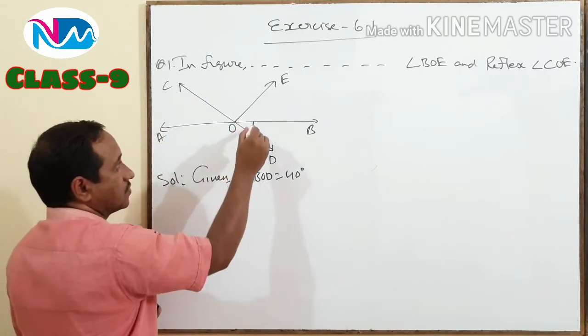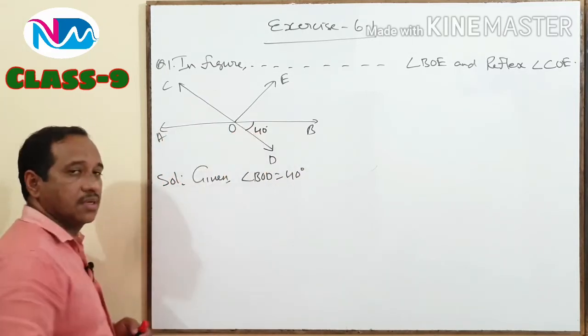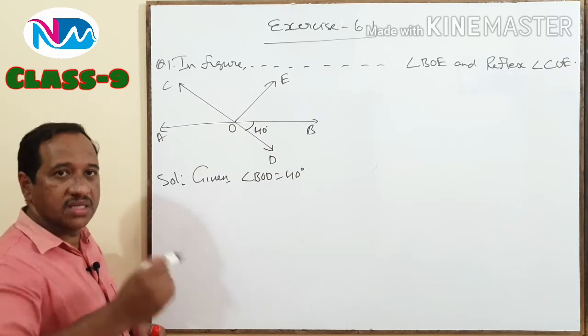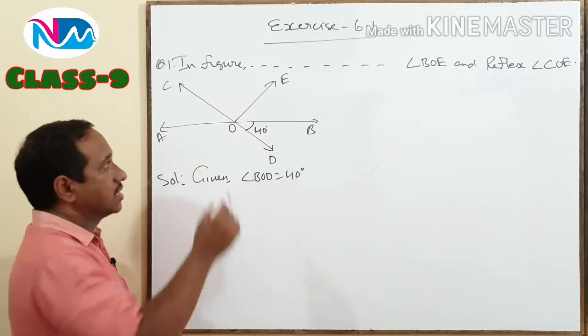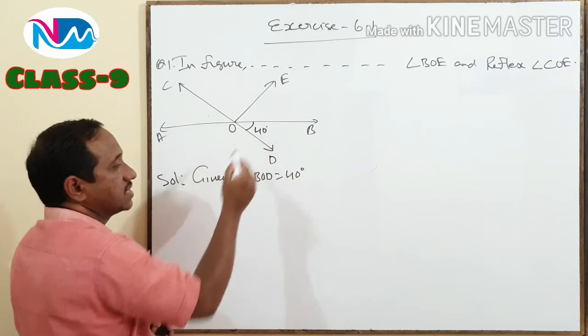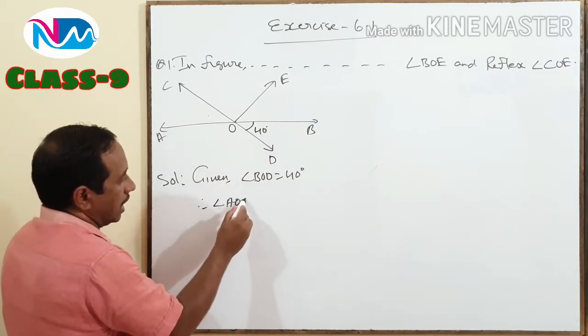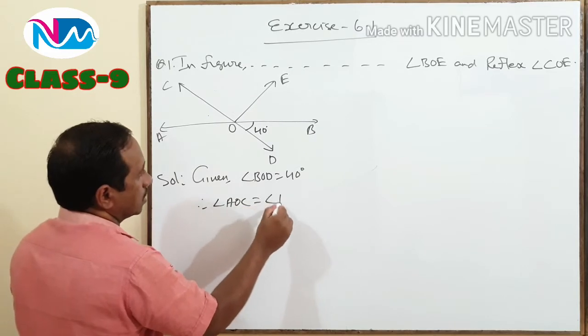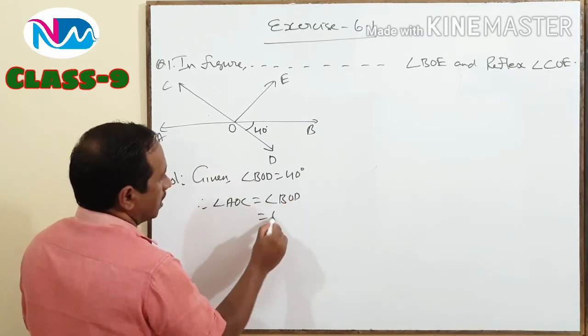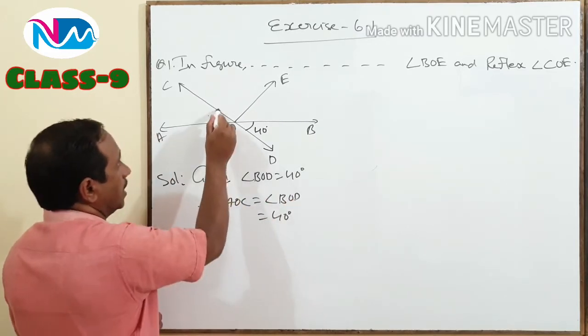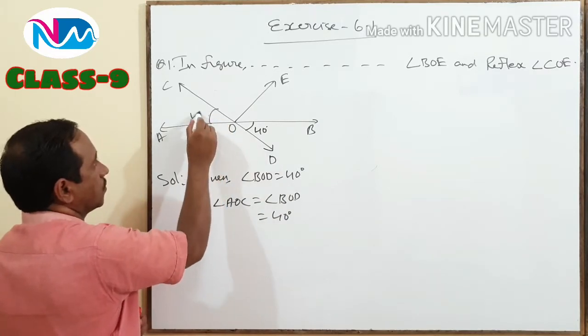This angle is 40 degree. Now, by the property of vertically opposite angles, angle AOC is equal to angle BOD. Therefore, angle AOC is also 40 degree.